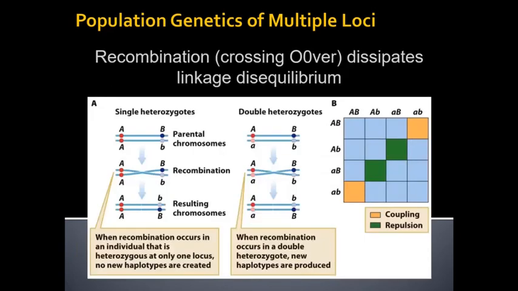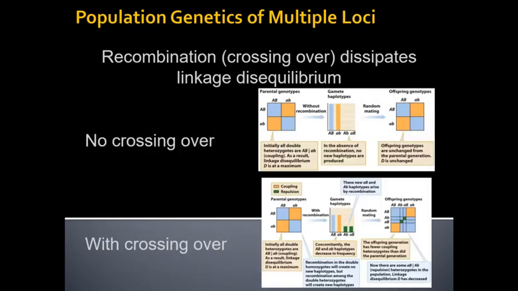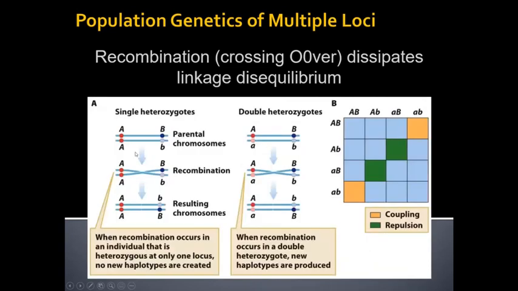Here's an example of that. This is a more complex Punnett square where we're looking at 16 different possible outcomes because we have two genes. These are all the possible outcomes, and we would predict they would be found in equal amounts if they were on different chromosomes. But because they are found on the same chromosome, we predict instead that we're never going to get these recombinants. We can never get a big A, little b, or a little a, big B, because notice, big A, big B are on the same chromosome.